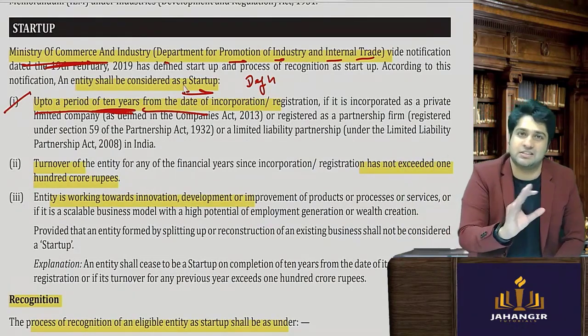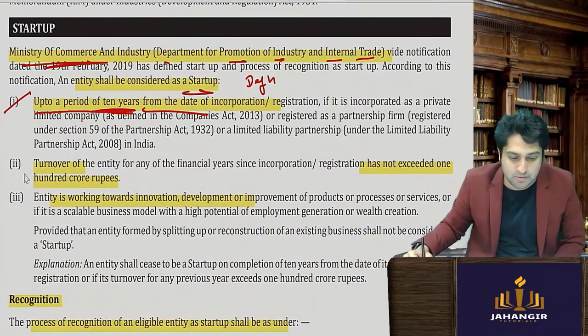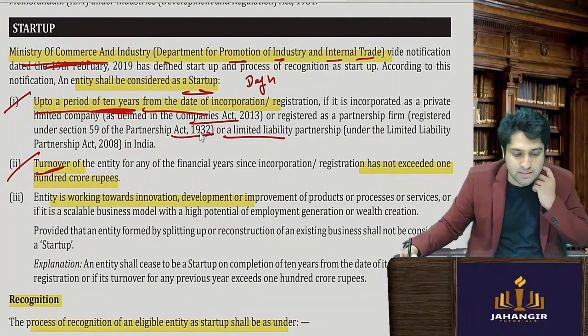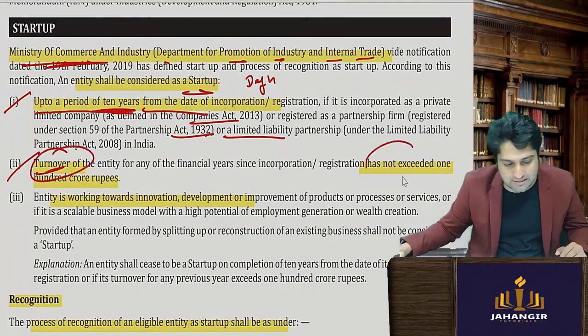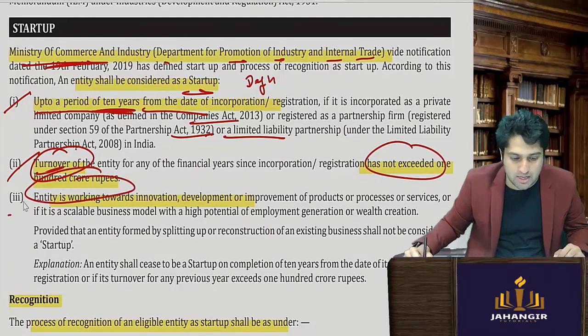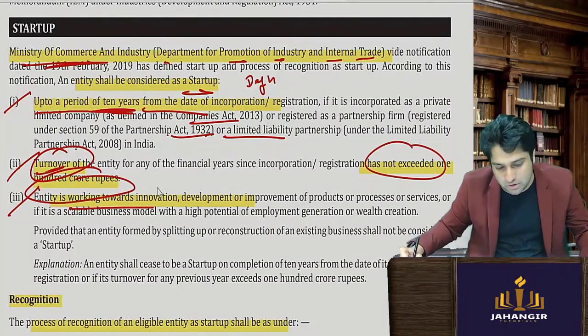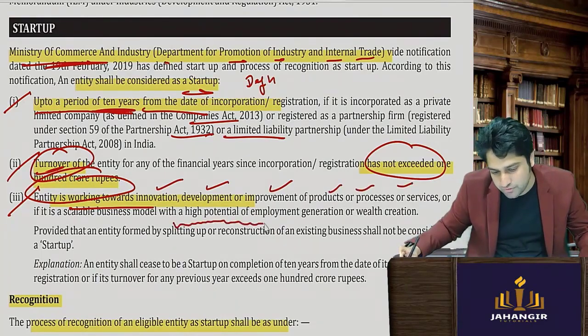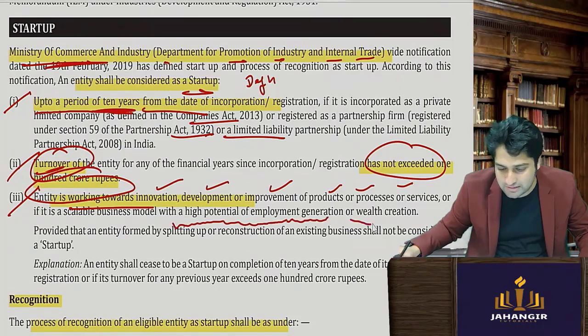मतलब 10 साल की age तक max हो सकता है for a startup. Next, turnover, and they should be registered either as a company or an LLP or a partnership firm. Then their turnover shall not exceed 100 crores, and they should be working towards innovation, development, improvement of product, process, service, with a high potential of employment generation and wealth creation.